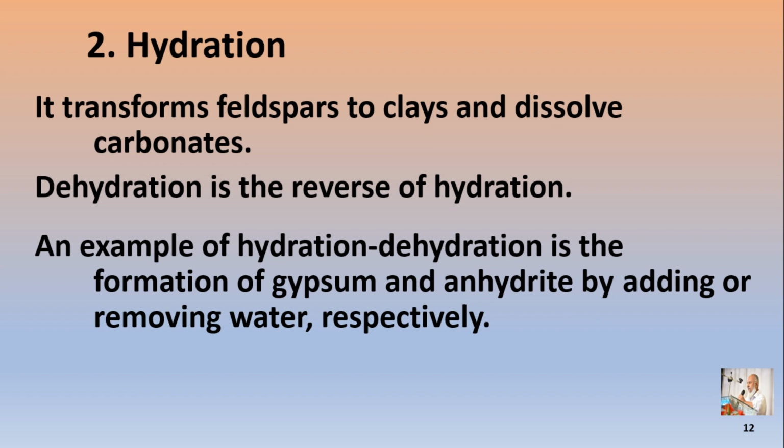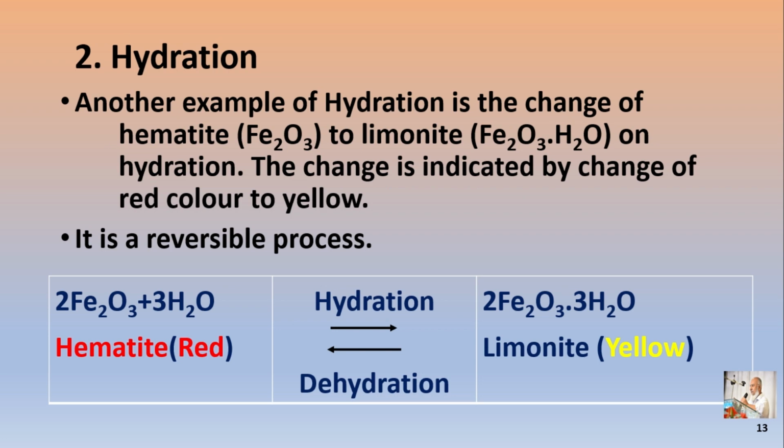Hydration transforms feldspars to clay, dissolves carbonates. Dehydration is the reverse of hydration. An example of hydration and dehydration is the formation of gypsum and anhydrite by adding or removing water respectively.